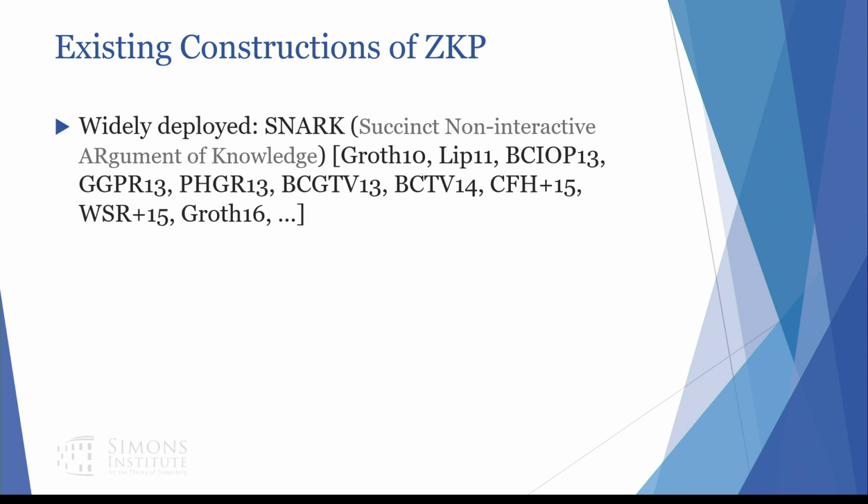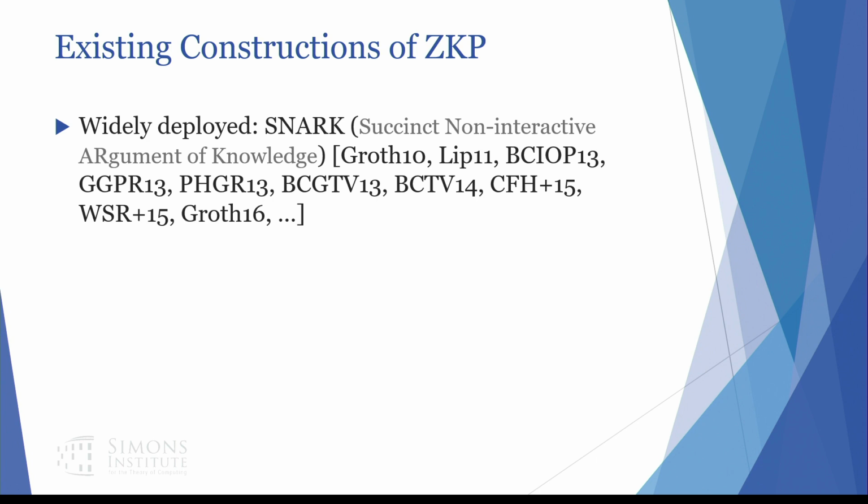So I guess the most widely deployed ones in practice now are based on SNARKs. From early constructions of Groth and Lipmaa, to the QAP-based ones introduced in GGPR. Later, there's the Pinocchio implementation. There's a whole series of improvements on the functionalities, efficiencies, and so on and so forth.